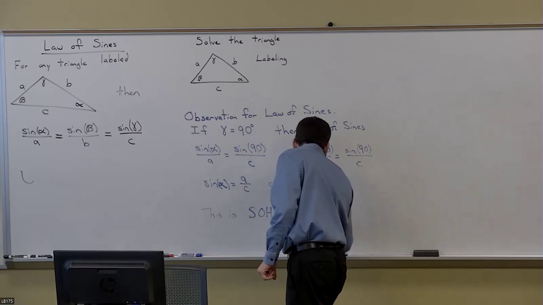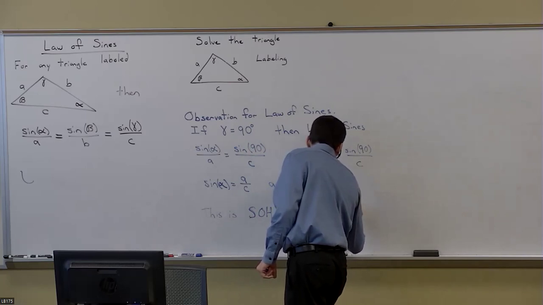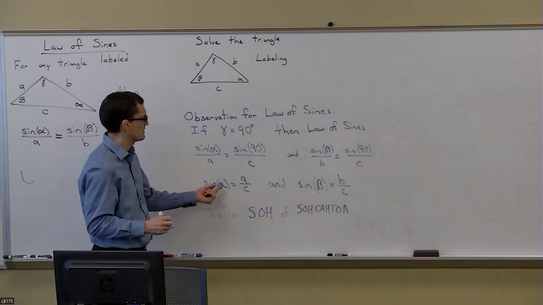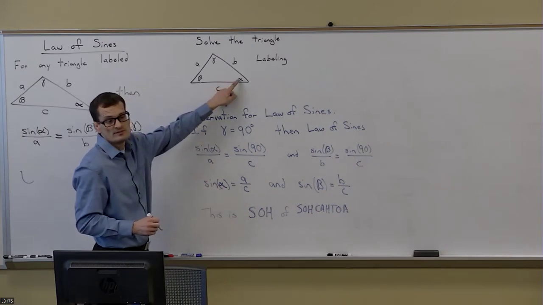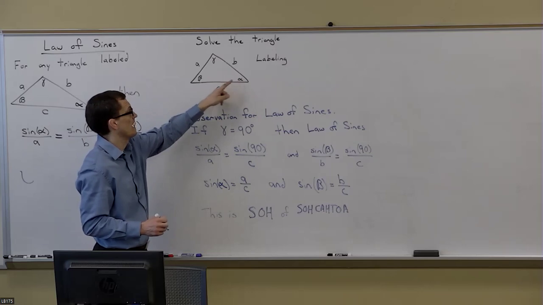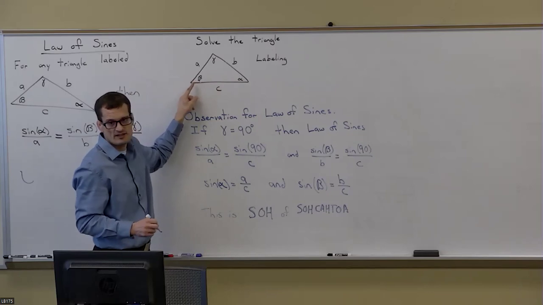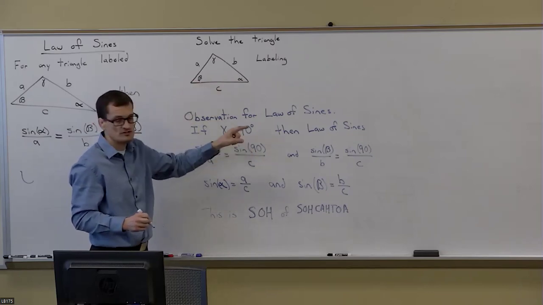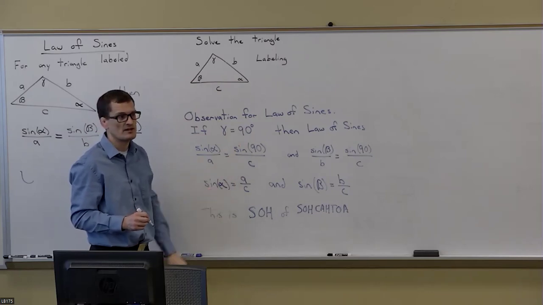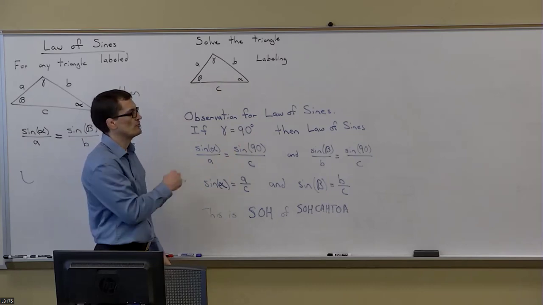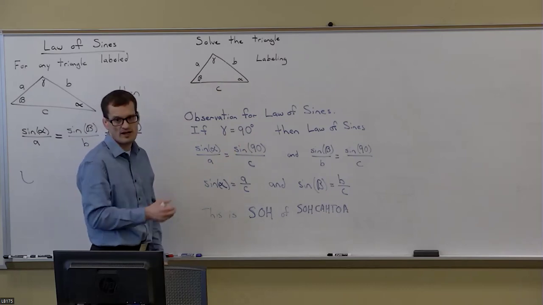And if you wanted to, it's kind of a messy thing to do, but you could say, well, actually sine of alpha, if this is a right angle, has to be the same thing as cosine of beta. And so you get the CAH as well, from the same thing. Is that okay? And then if you do some other algebra, you get the TOA as well.